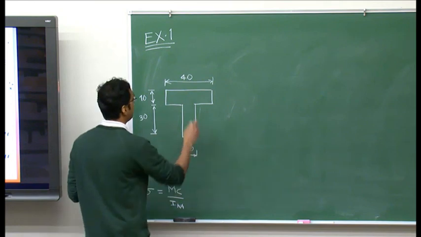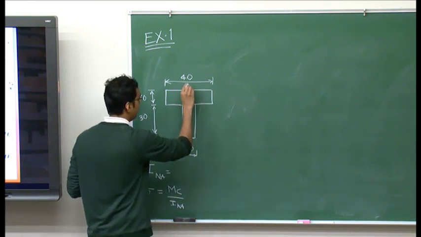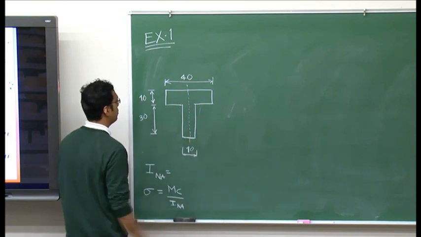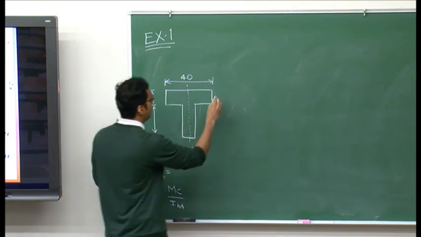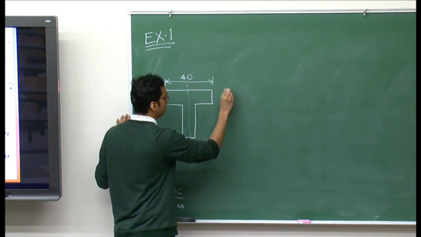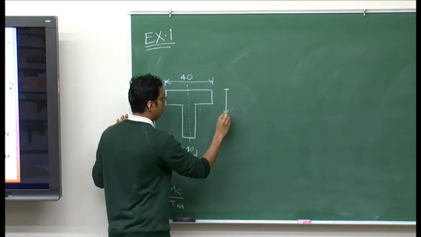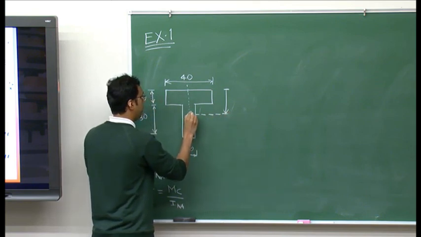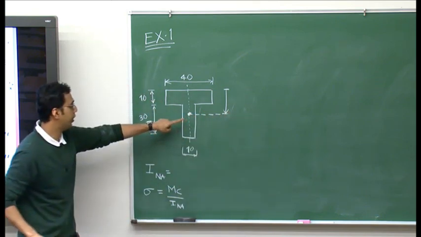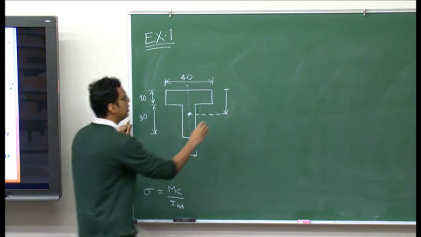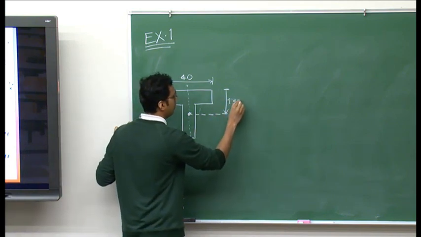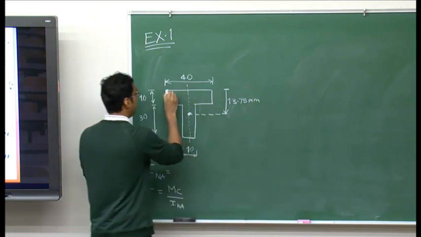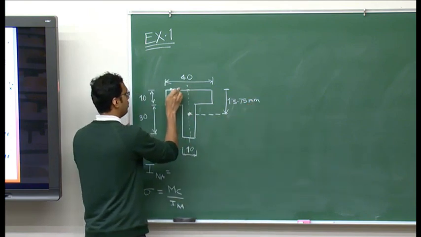If you remember from the first video, the T section is symmetric about the y-axis, the vertical line, and if you go back and look at the first video where we determined the location of the centroid, it lies at a distance of 13.75 mm from this surface here.